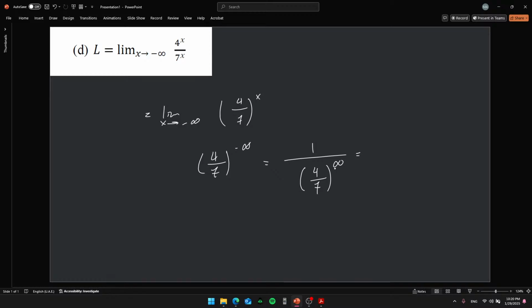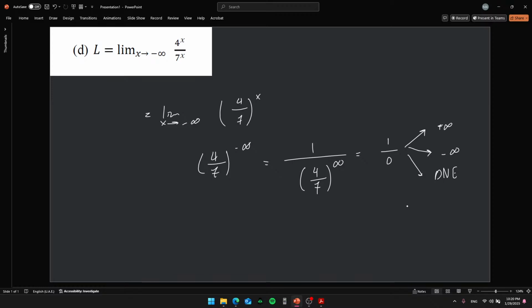So a fraction raised to a very large number will give you 0, right? So 1 over 0. So 1 over 0 will give you positive infinity or negative infinity, or does not exist.